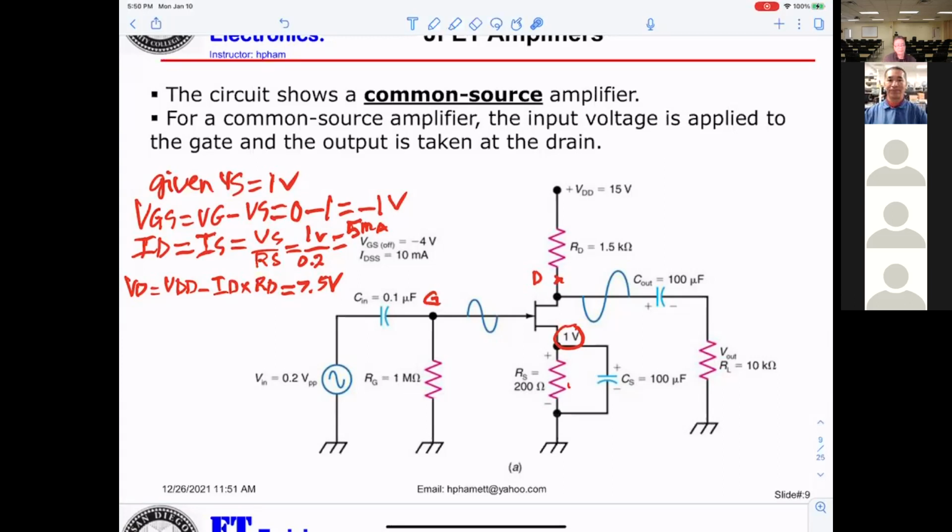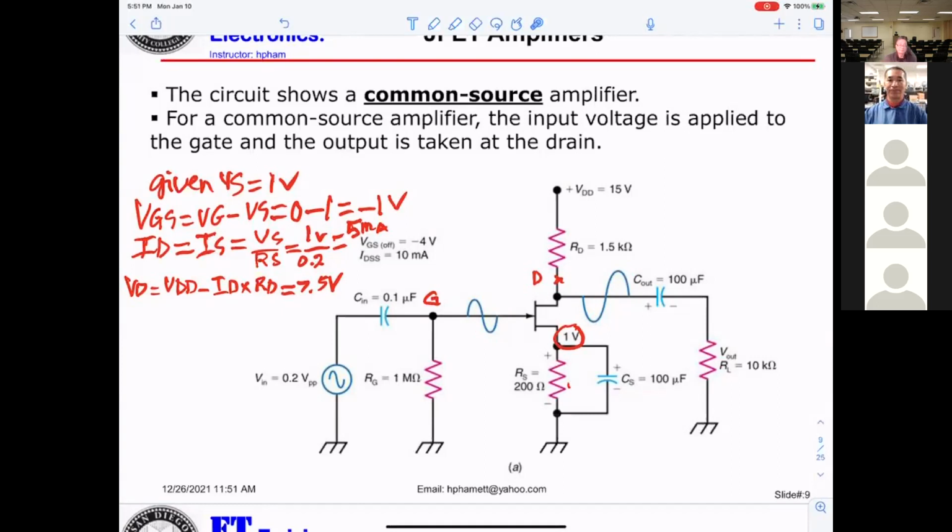The second thing is the input and the output will be out of phase. You can see that they are opposite: input positive, output negative, and so on.